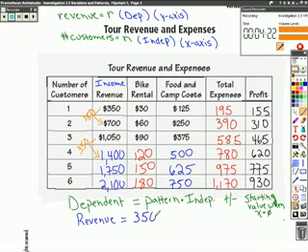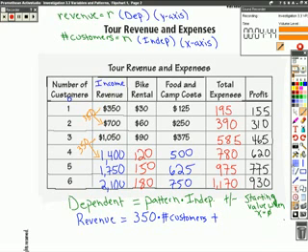So 350 times my independent variable, number of customers, plus the starting value.